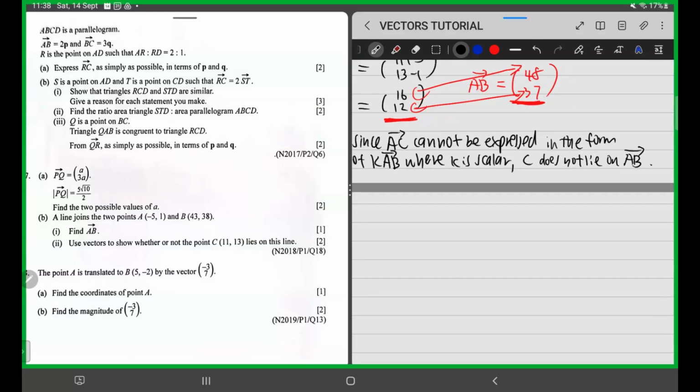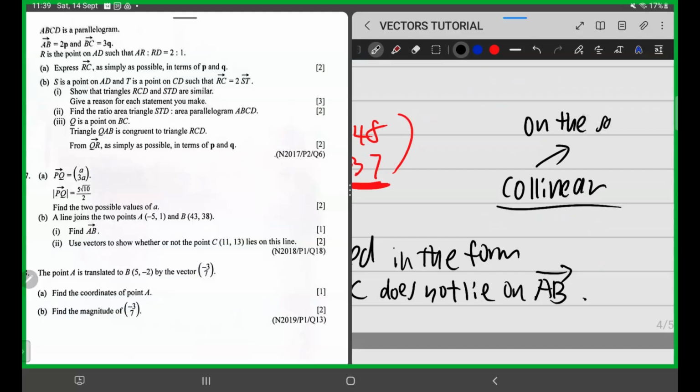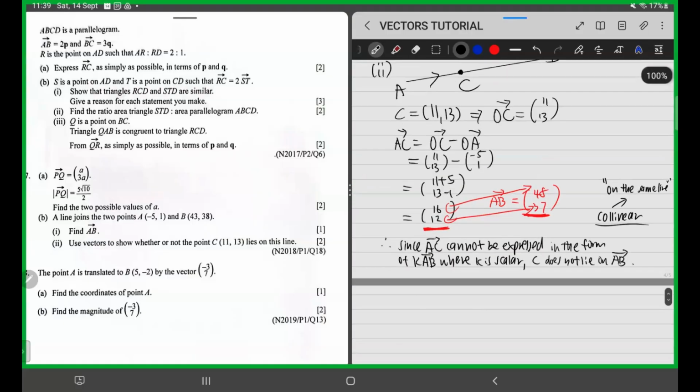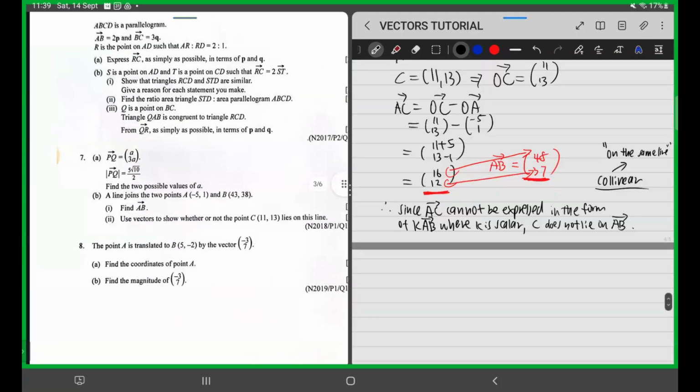Or in other words, A, B, C are not collinear. The word collinear, if you see this word in your exam, it just means on the same line. That's the definition of this word. So they're not collinear. Okay, so that is for question 7.